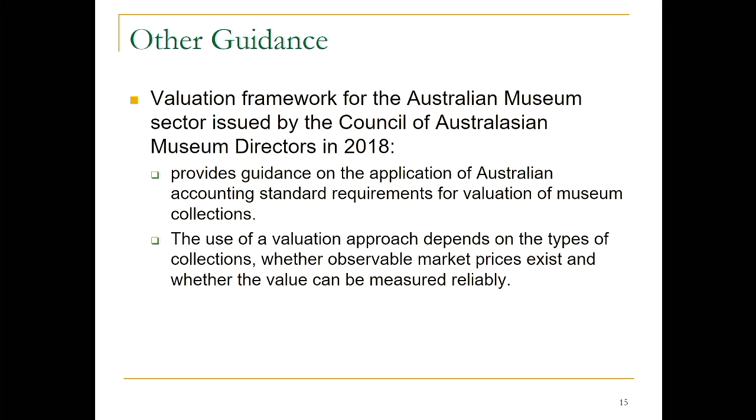There are some other categories, such as rare photographs or artworks, where the fair values may be estimated from the market, such as the auction price, which might be used as a reference point. For other general collections, maybe replacement costs might be used.